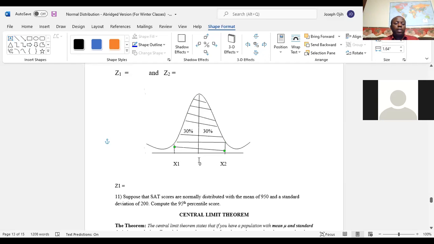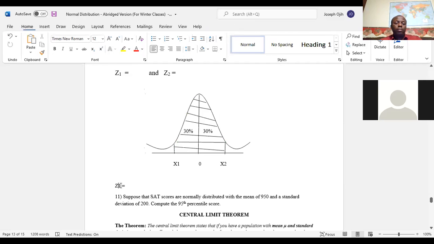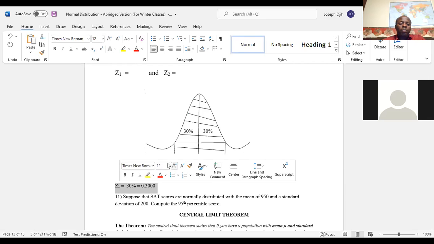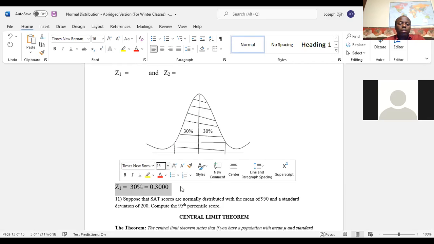Okay. Now, to get Z1, you get to the table. 30% is 0.3. All the numbers on the table have 4 digits, so you can make 0.3 into 0.3000.